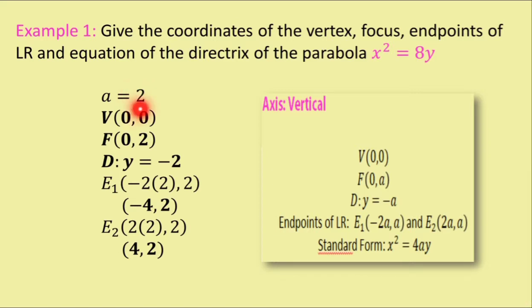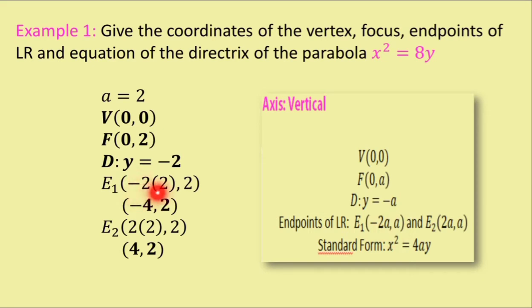Okay, so using this pattern that we have earlier, we are going to substitute a on every a in our pattern. So the vertex is at 0, 0. The focus is at 0, a, so it is 0, 2. The directrix is at y equals negative a, so it is y equals negative 2. Endpoint 1 is at negative 2a, a.